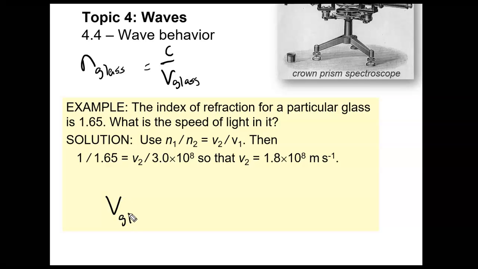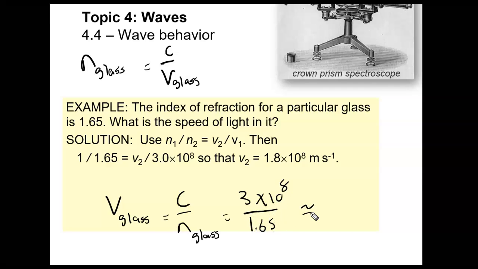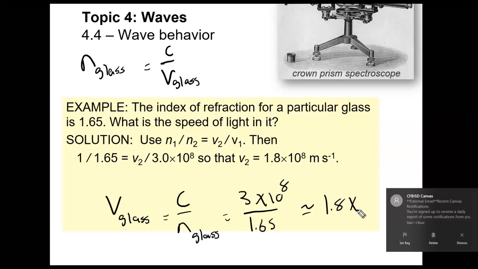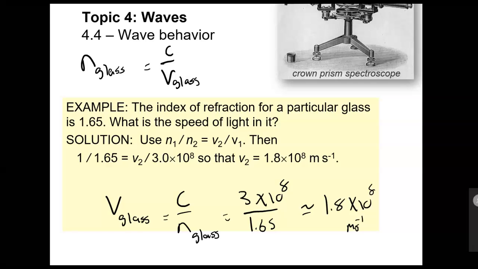And so v_glass would just be c over n_glass, which would be 3 times 10 to the 8 divided by 1.65, which would be about 1.8 times 10 to the 8 meters per second. Still plenty fast, but quite a bit slower than it is in a vacuum.